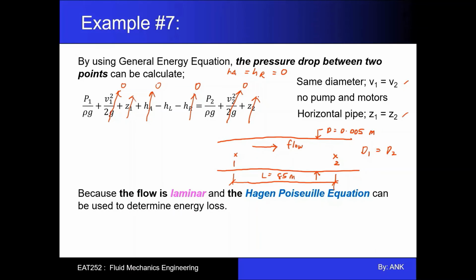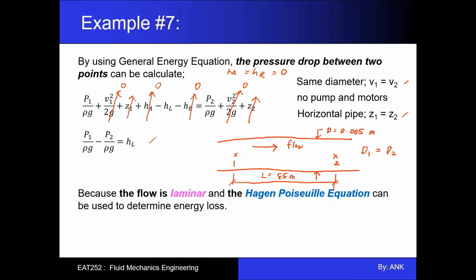Okay, so when we rearrange this equation, we get a new energy equation: P1 over rho g minus P2 over rho g is equal to HL, or our energy loss.